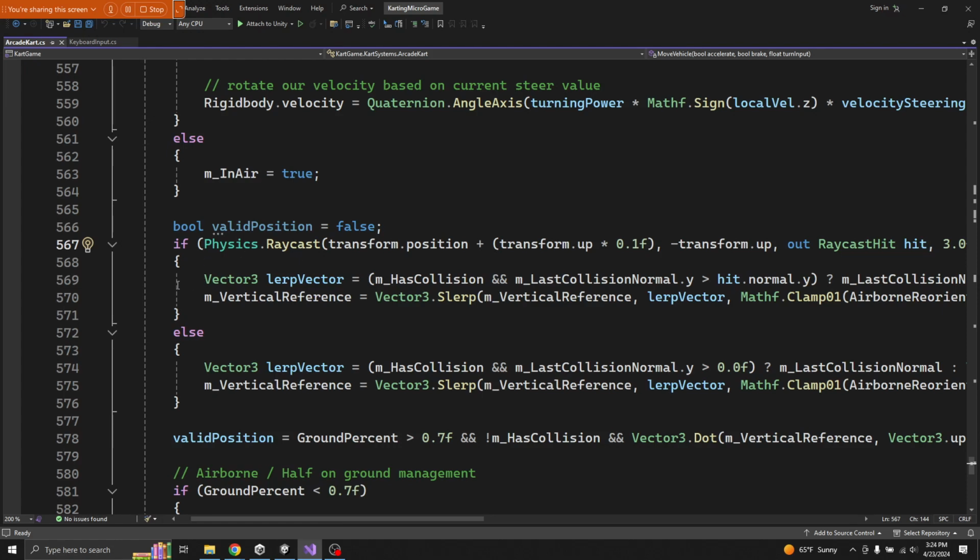So if this raycast did hit, then we're going to create this vector3 lerp vector.